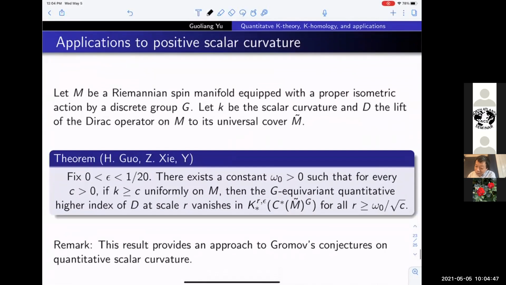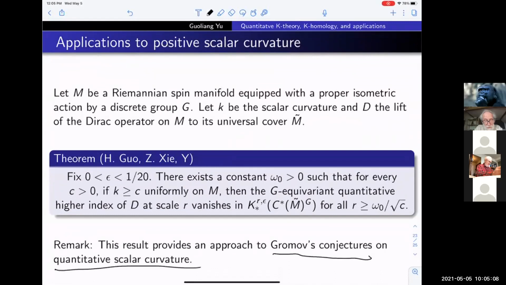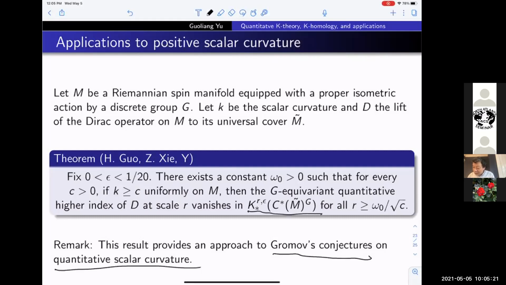Our motivation is to study some of the conjectures Gromov proposed about scalar curvature in a more quantitative way. I'm not going to mention that. Zizang and I established a connection between how big positive scalar curvature can be and the vanishing of high index in quantitative K-theory.